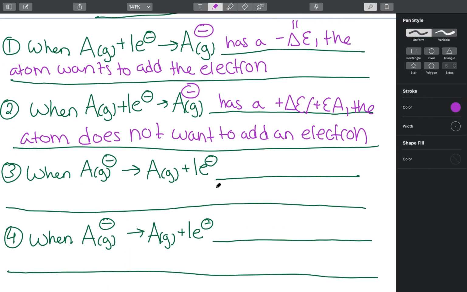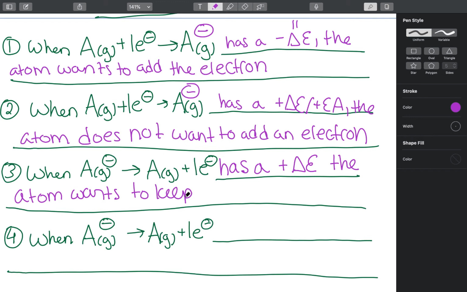So now let's look at the other process, where you have an anion decomposing into its neutral atom and its electron. When this process has a positive delta E, the atom wants to keep its electron.